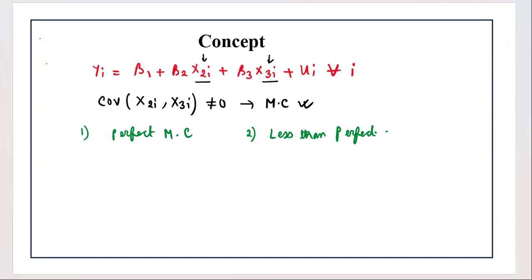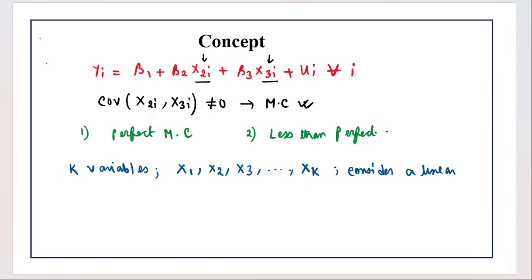Suppose you have k variables in your model. In general, I'm generalizing everything. Suppose you have k variables in your model, namely x1, x2, x3, up to xk. These are the k variables in your model. And also, consider a linear combination for all i from 1 to k.